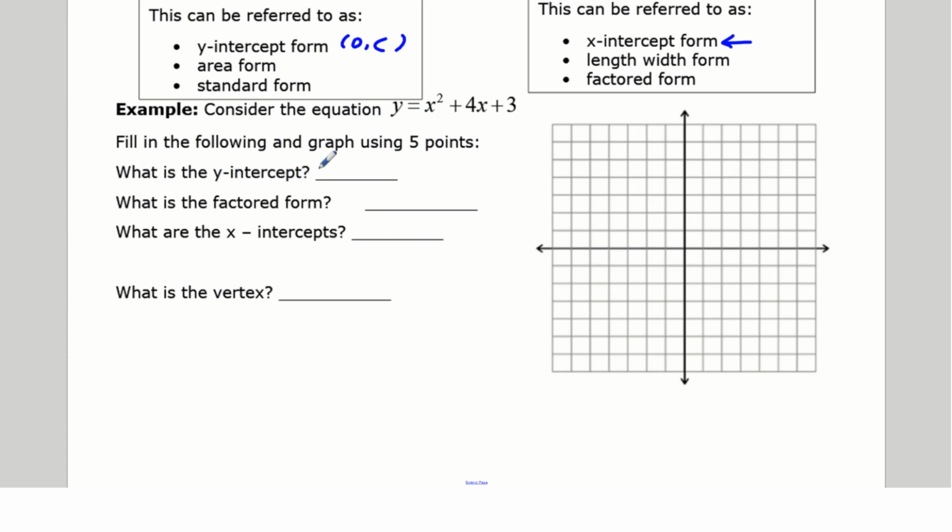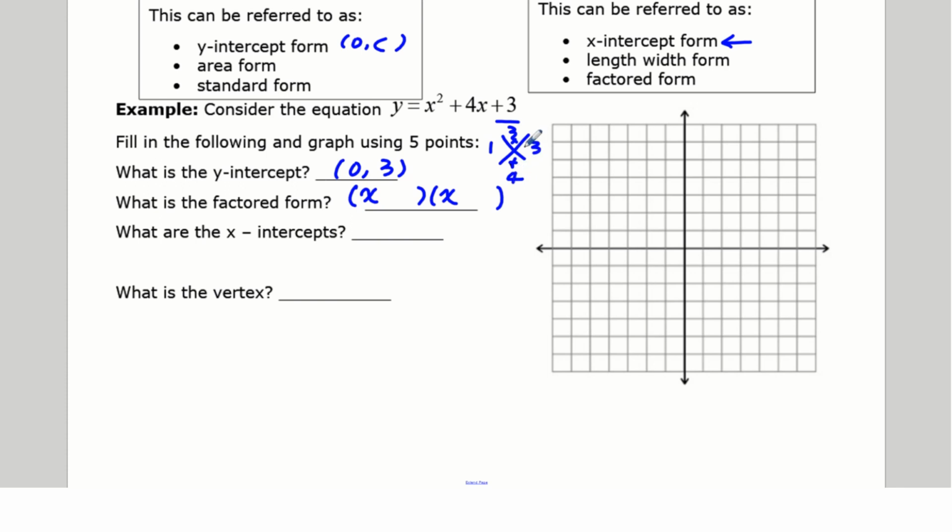So what's the y-intercept? This is standard form, so 3 is your y-intercept, substituting x equals 0. The factor form will be factoring a simple trinomial: find the two numbers that multiply to 3 and add to 4. 3 is a prime number, so you don't have another choice: 1 times 3.